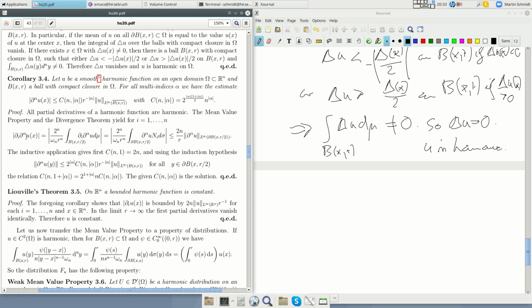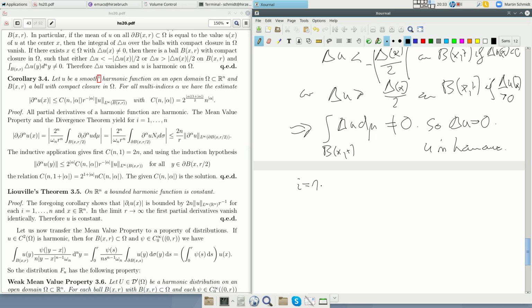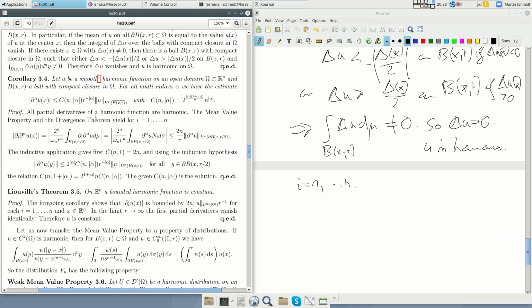Okay. So we choose e_i, i from 1 to n, and now we choose the half ball. Now we calculate this. Let's follow this calculation. We take this derivative. This is the partial derivative in the direction of i, so we add one more partial derivative, because we want to use an inductive argument.